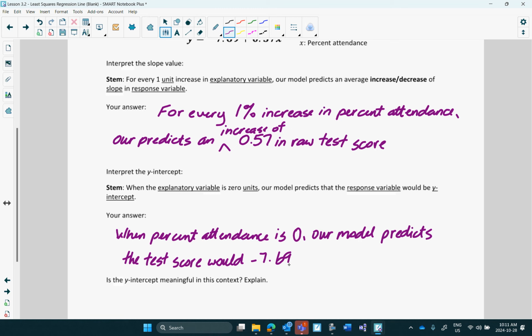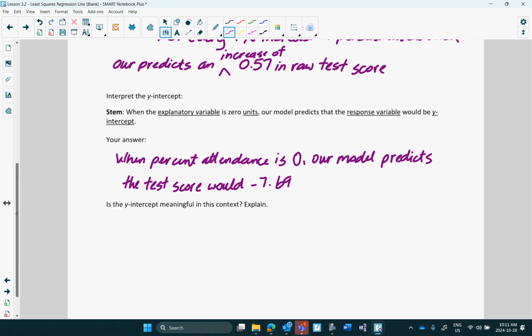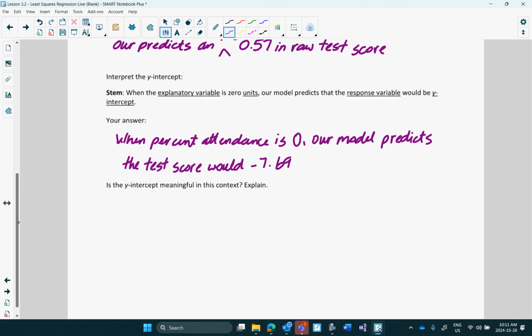One additional question you can ask about the y-intercept is, does it have meaning? Does it actually have meaning in this context? What we're saying is that if you didn't go to school at all, your score would be in the negatives. Does that make sense? No, you can't have a negative score.